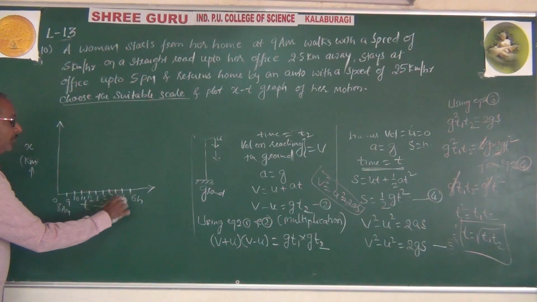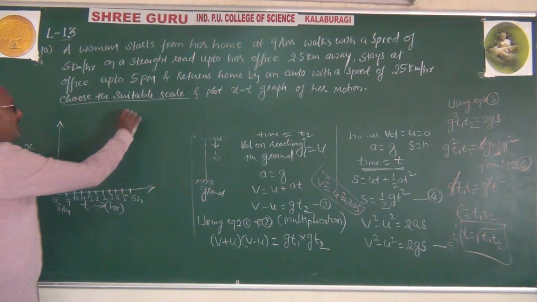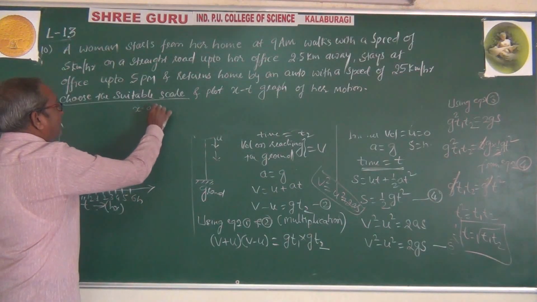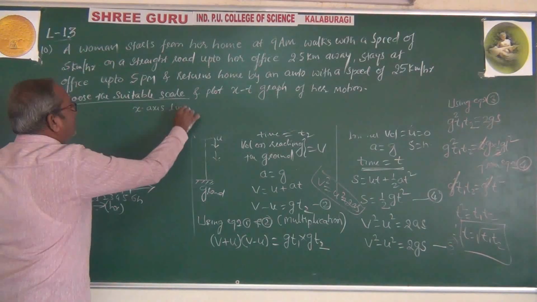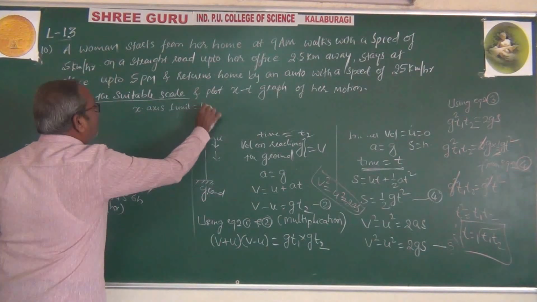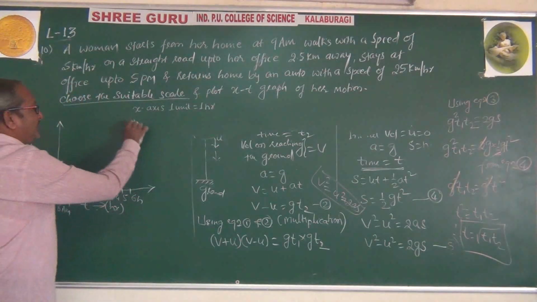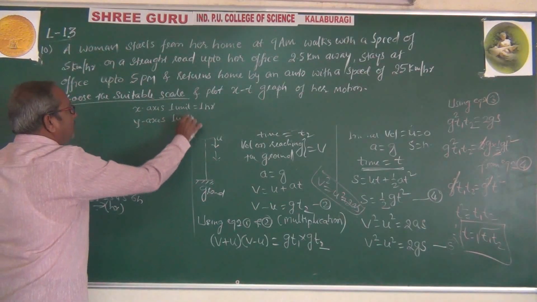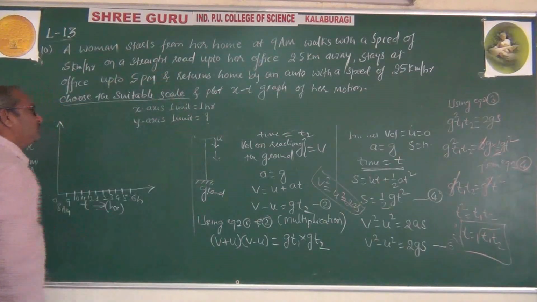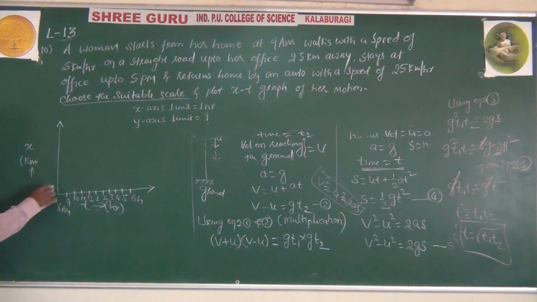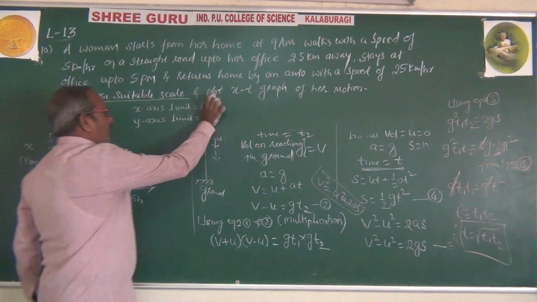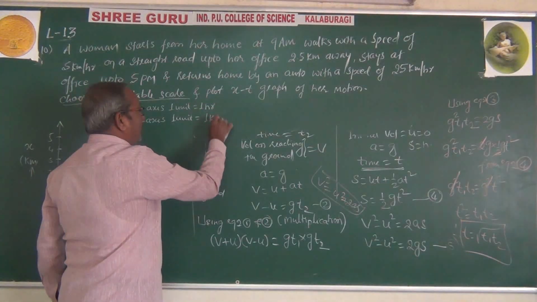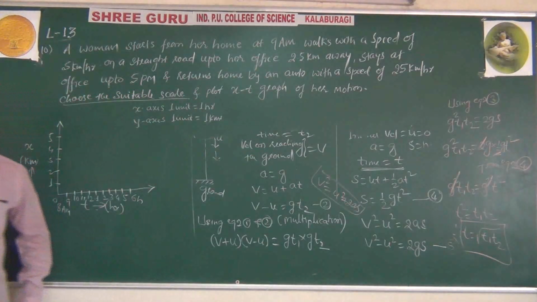On the y-axis, select 1 unit equal to 1 kilometer: 0, 1, 2, 3, 4, 5. This is the selection.